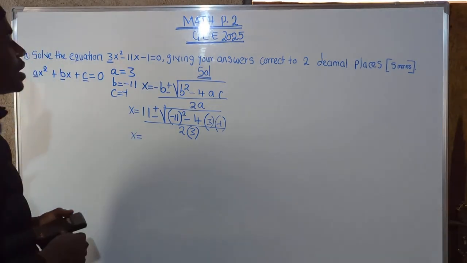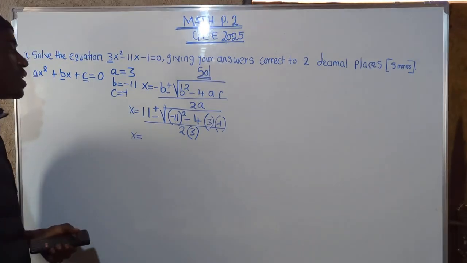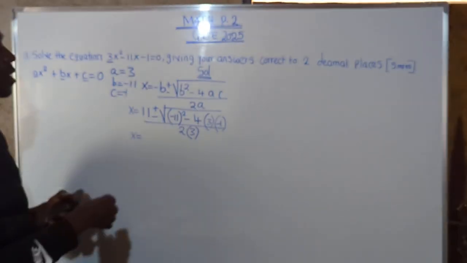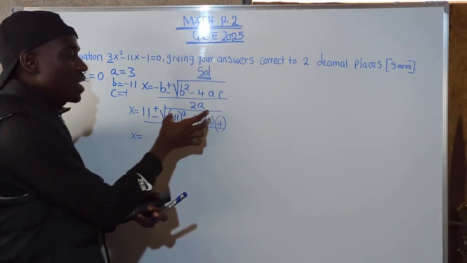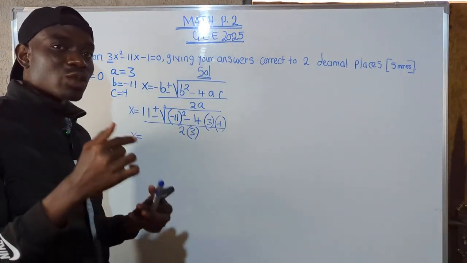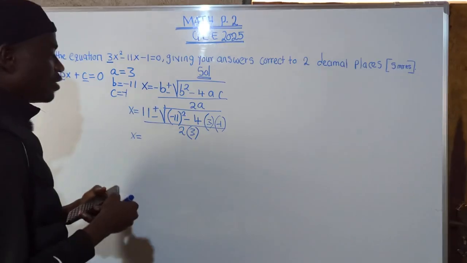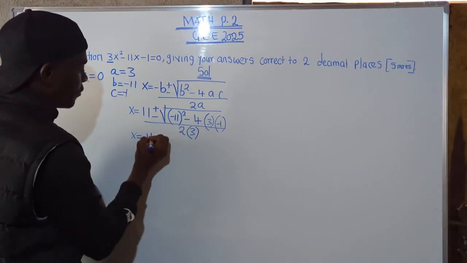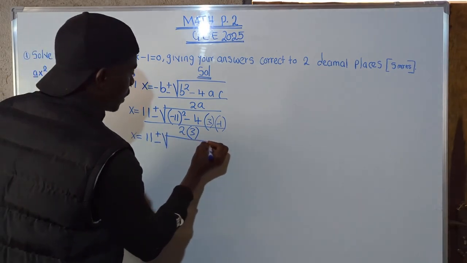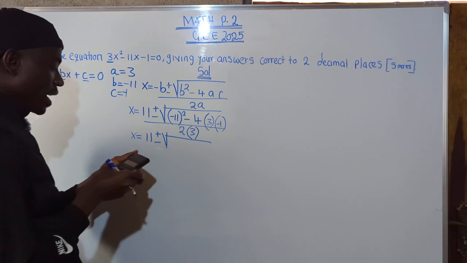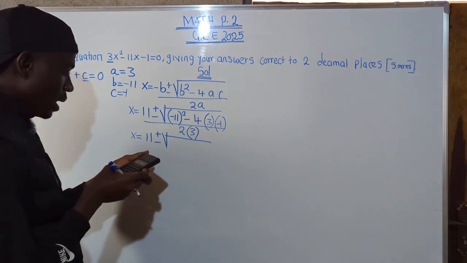Now from there, we can proceed with our calculations. And when we proceed with our calculations, I always encourage students that you need to multiply whatever is in the square root at once so that you don't have challenges. So this is going to be 11 plus or minus. Punch everything on the calculator.